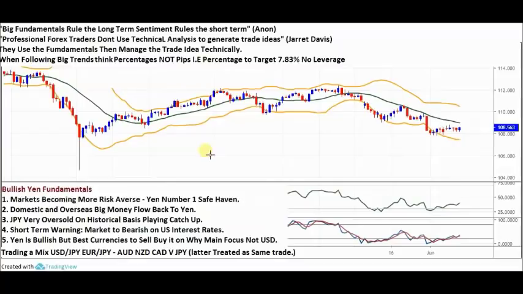And of course, you've got to do it in the real world with your technicals. I'll do them in a moment, obviously, but let's look at why the yen is so bullish in our view. Markets are becoming a bit more nervous, a bit more risk averse. I know stock markets are pretty firm, but a lot of nervousness about trade, tariffs and tensions, and slowing global growth generally.